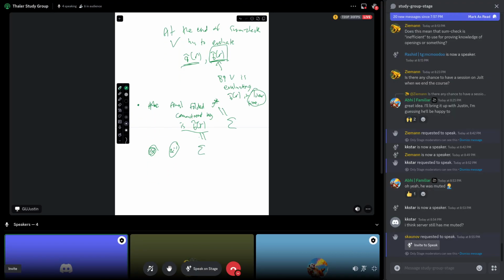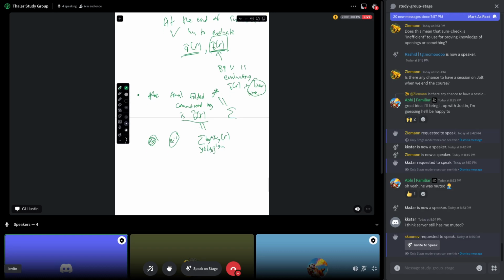It's the sum over the n entries of B, say y in {0,1}^log n, of the yth Lagrange basis polynomial evaluated at R times B of y. Right. And so this B of y is like the yth entry of the commitment key.